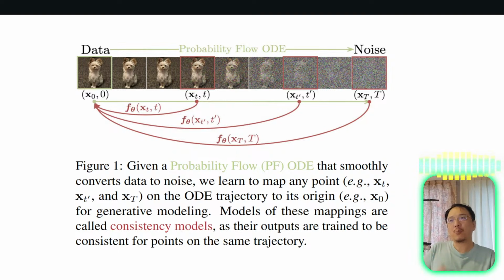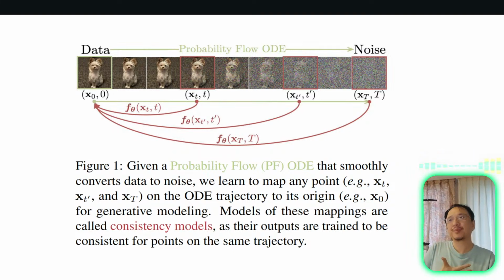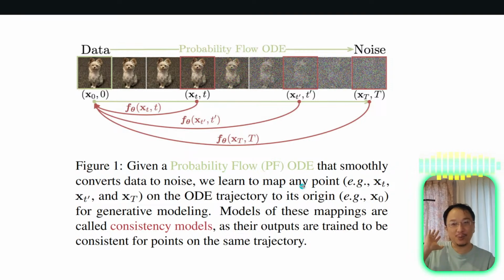Okay, so let's go back to the algorithm of LCM. Basically, the idea is simple. Instead of predicting step by step, why not just predict all the way back to x0? So don't mind the probability flow, PFODE. It doesn't really matter.